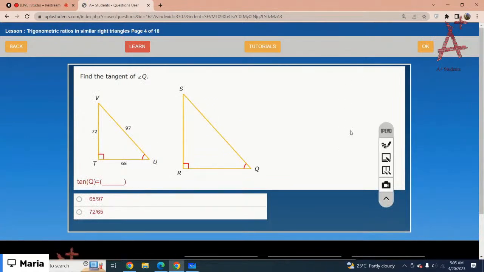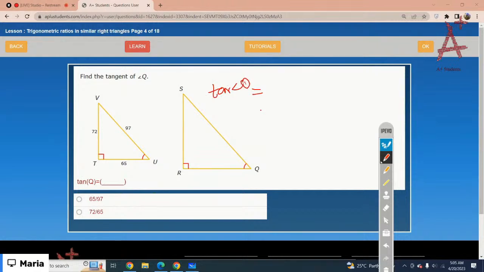Okay, the next one is what is the tangent of angle Q? Here is angle Q. The tangent of angle Q would be opposite over adjacent.